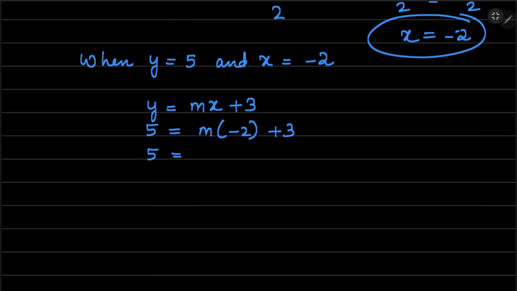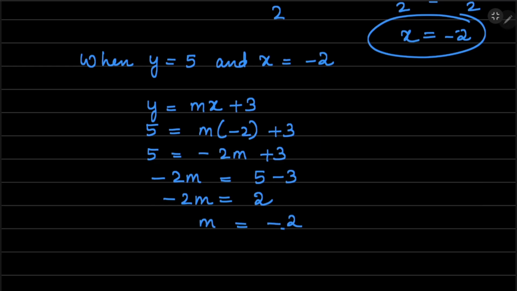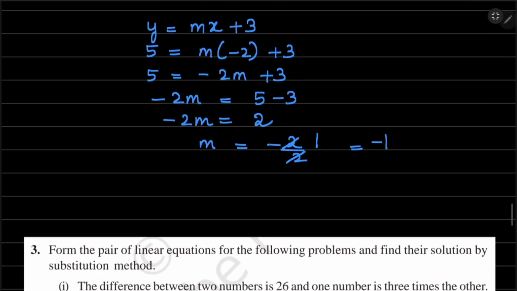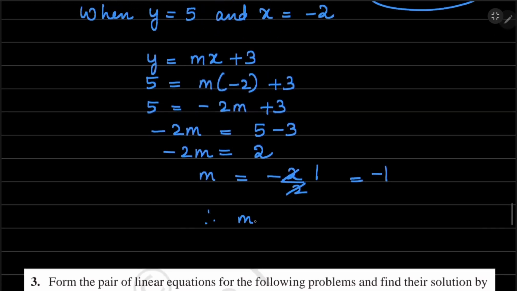So 5 equal to minus 2m plus 3. So what can you write? Minus 2m is equal to 5 minus 3, which is 2. So minus 2m equal to 2, m is equal to minus 2 by 2, which is minus 1. So therefore, m is equal to minus 1 is your final answer.